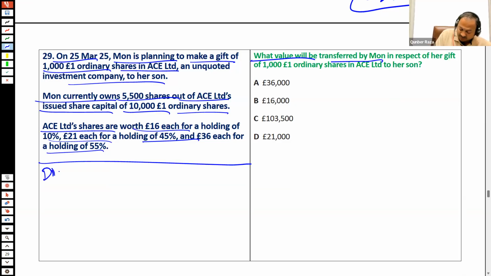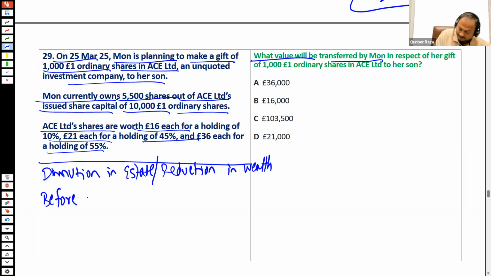So basically, I'm supposed to find the diminution in estate or reduction in wealth here. Before the gift, Moon has 5,500 shares, which represents 55%, and for 55%, each share was valued at 36 each.